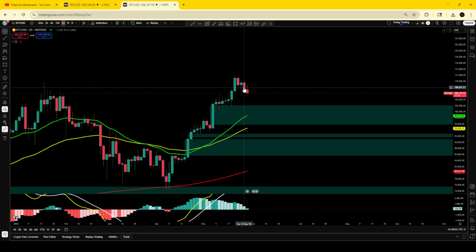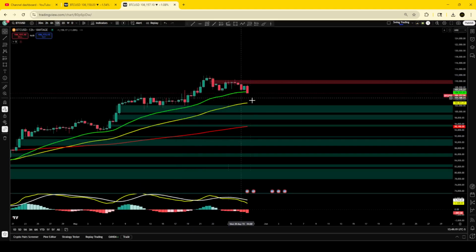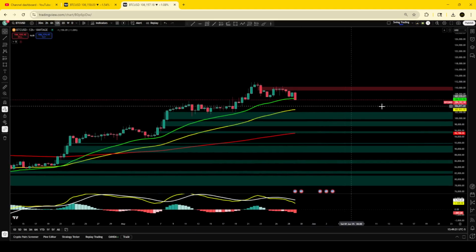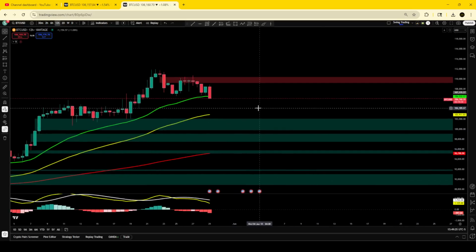What these two candles tell me is that this candle engulfed this candle, which means that price is going to continue to come down. So now I know that for the 2 day, I move down to the 12-hour. I'm only looking for shorts. I will only be looking for shorts.